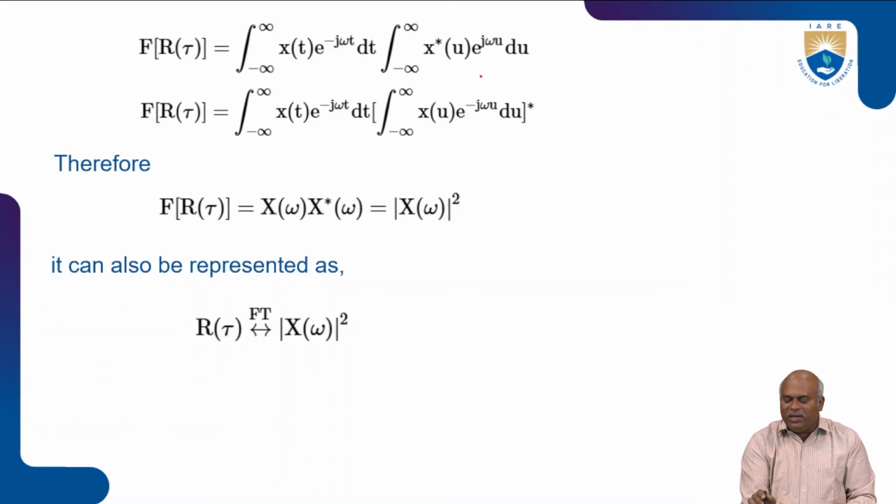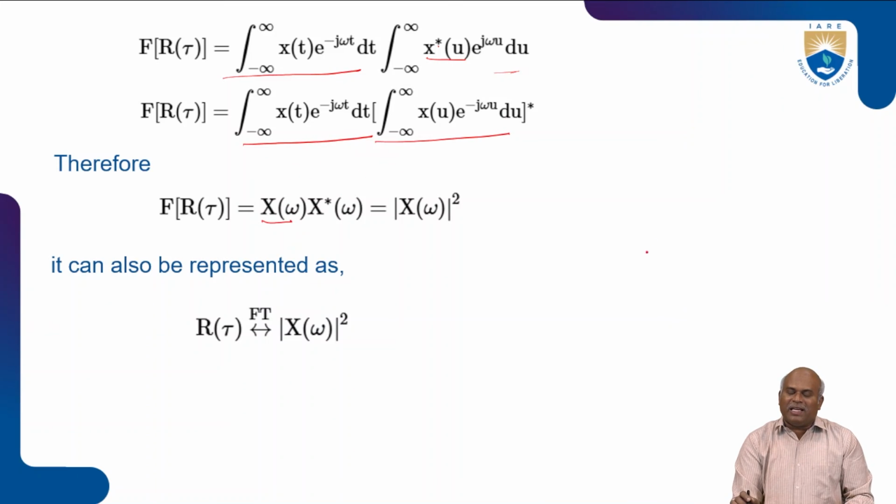This is purely a u term, and the other is purely a t term, so I take out the complex conjugate of x of u for the entire term. Then this term I write as x of omega and this term as x star of omega, as per the Fourier equation.